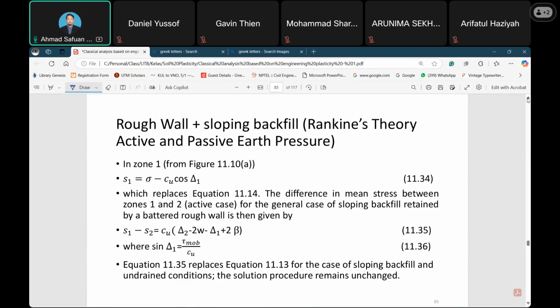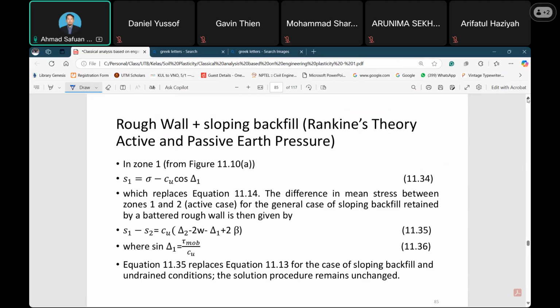The difference in mean stress between zone 1 and 2 active for the general case of sloping backfill is given by S1 minus S2 equal to Cu delta 2 minus 2W minus delta 1 plus 2 beta.